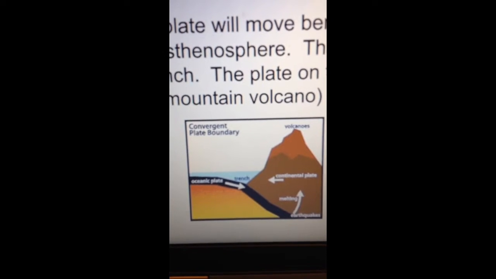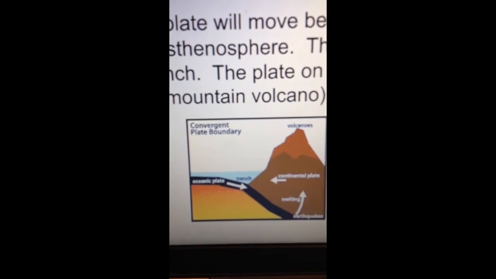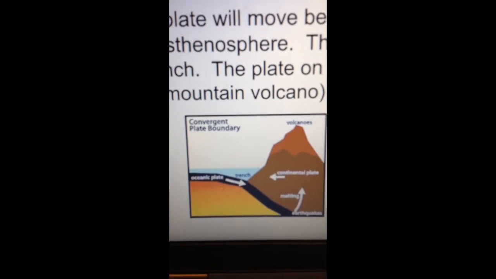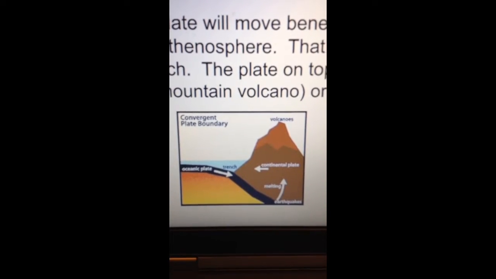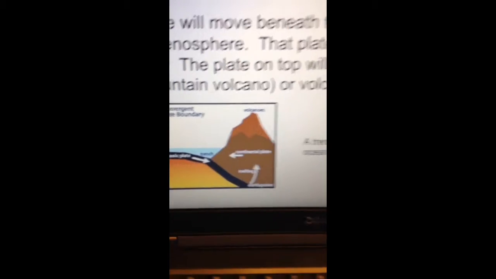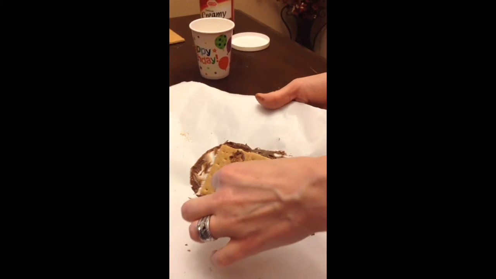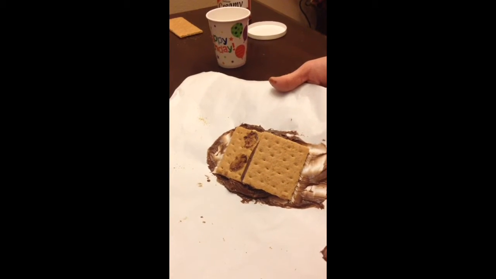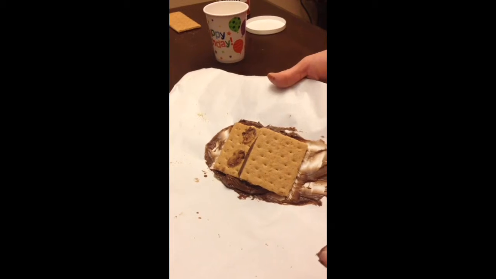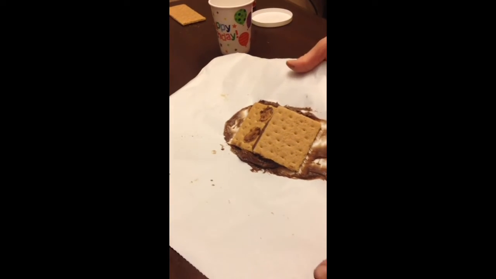So the ocean floor just automatically gets extremely deep. So either a trench is formed, or also, as you saw with the model, okay, see how some of this molten rock came up? That could create a volcanic arc. A volcanic arc is just a mountain volcano.